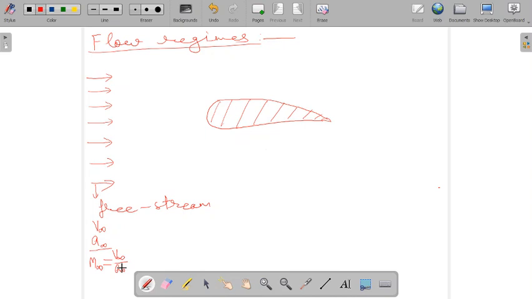Now, the way I have defined these parameters for the free stream, likewise I can define these parameters at any location. Here I am referring to these parameters v, a and m as the velocity, speed of sound and Mach number corresponding to the free stream.